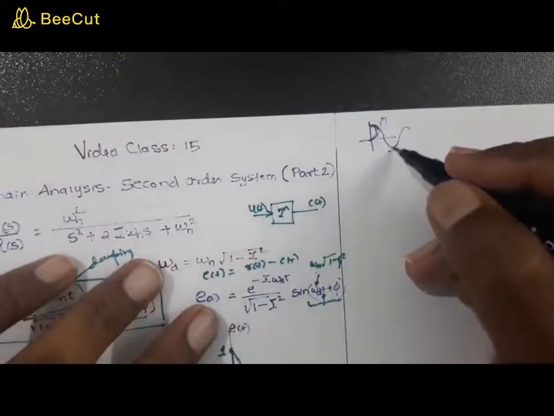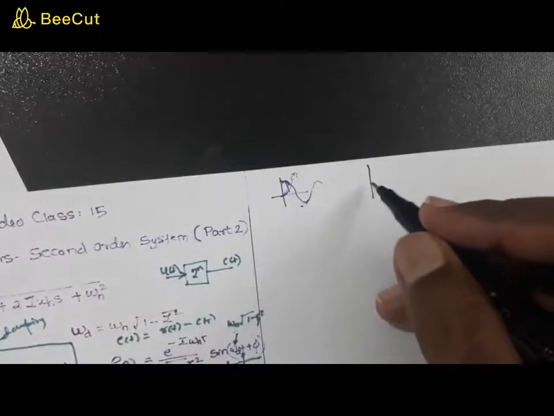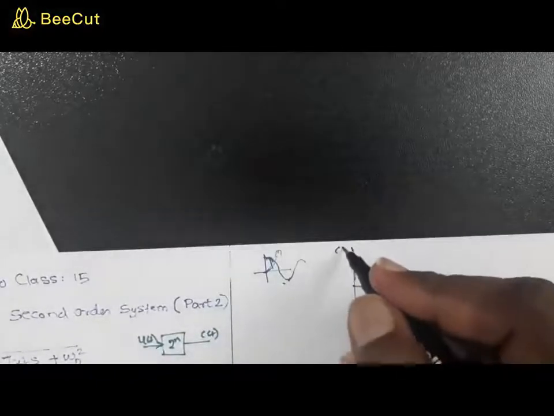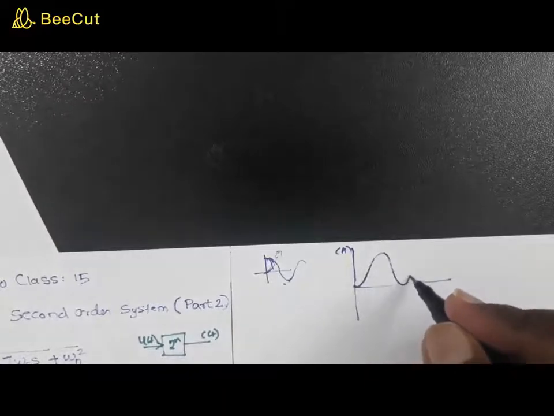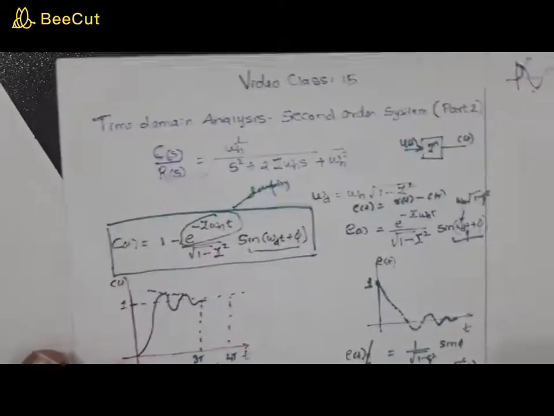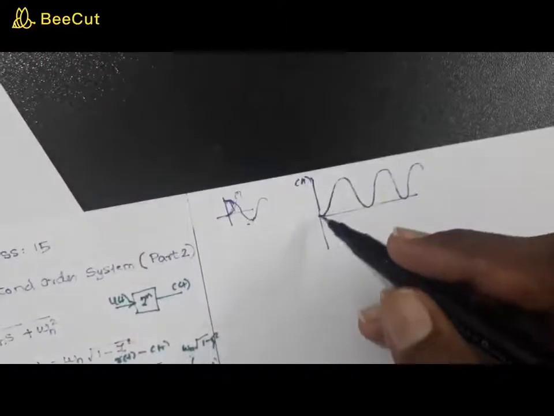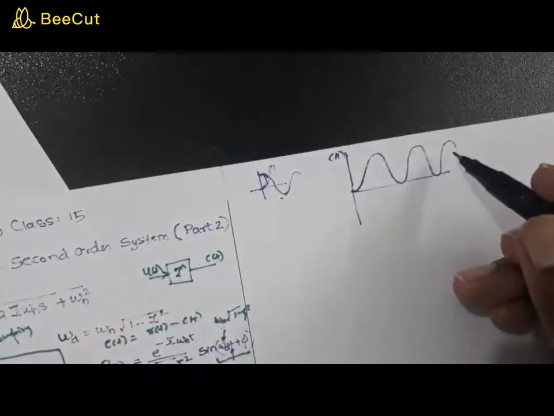So the signal gets shifted by 1 unit because it is 1 minus cos omega n t, and it will have the shape of a sine wave, but shifted by 1 unit in the positive direction.